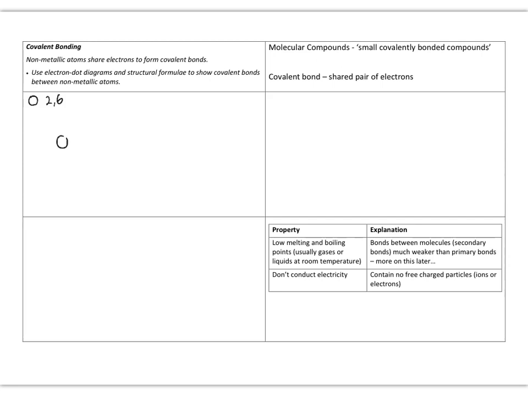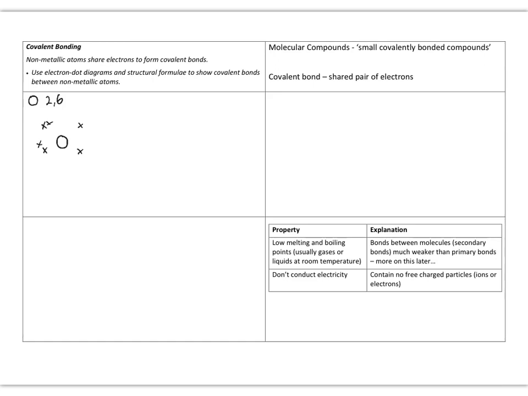So we draw our oxygen atom and we have 1, 2, 3, 4, 5, 6 electrons, and we usually draw those out in pairs. They pair up with opposite spins. If you remember back, when we did the subshell notation, most of those subshells have 2 electrons in each subshell.